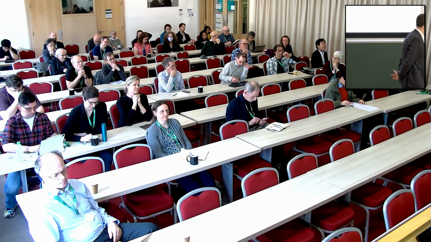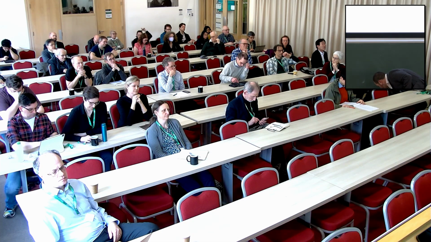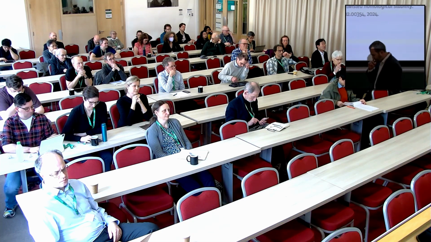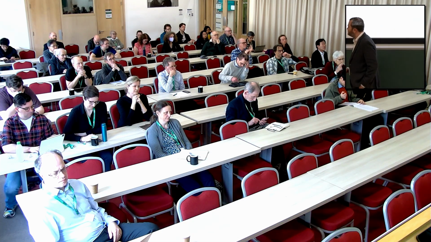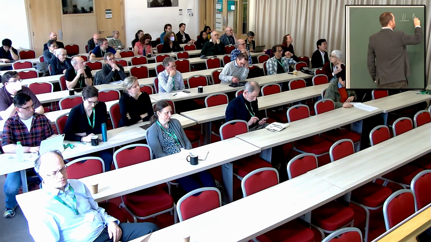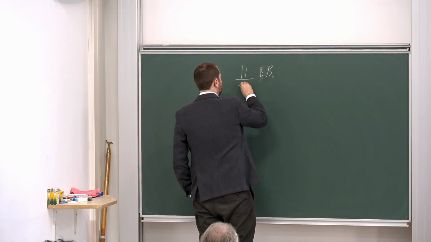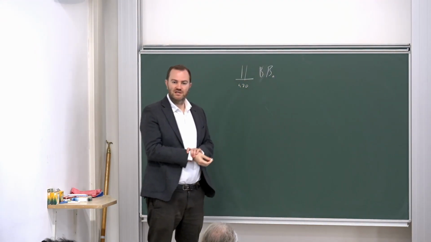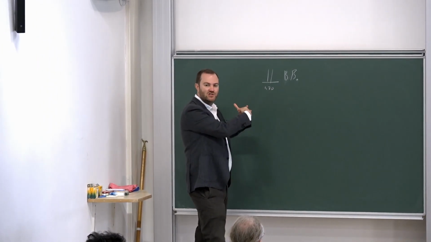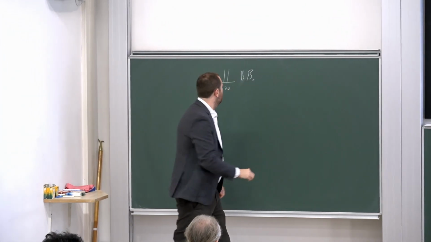So, you can take all the classifying spaces of all the braid groups combined into one object, and that has some kind of multiplication defined on it by the fact that you can put braids next to each other.